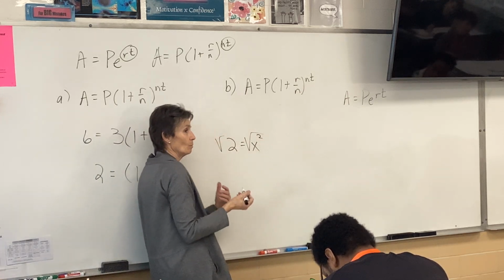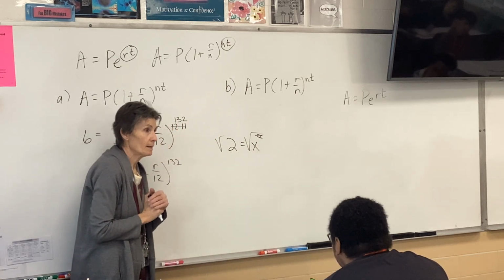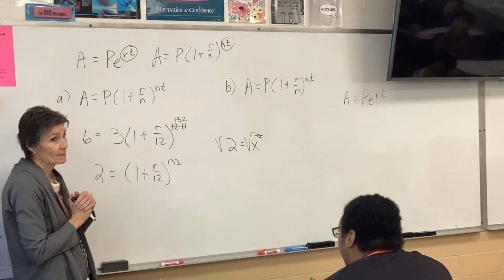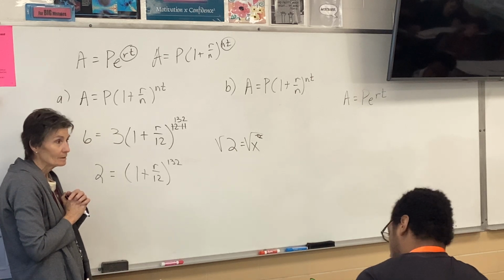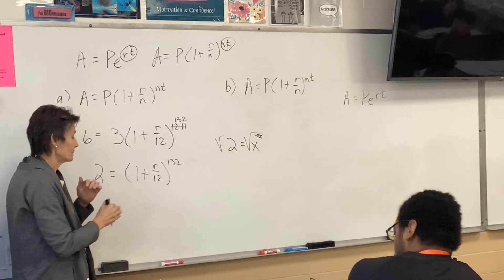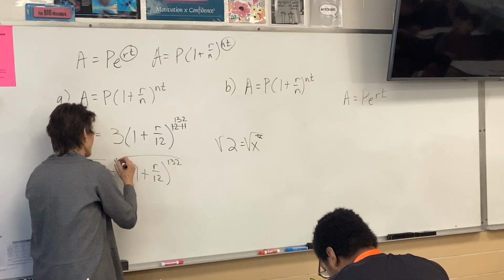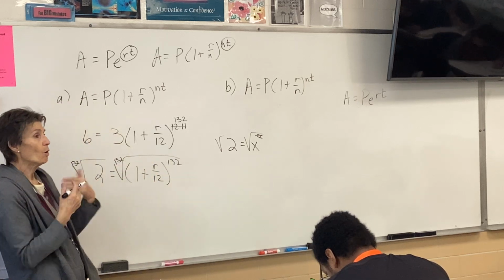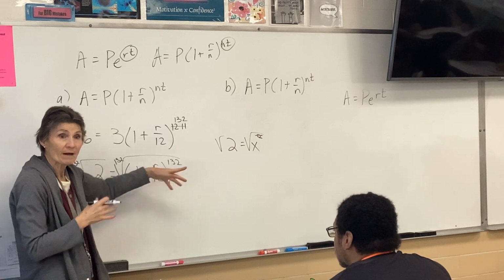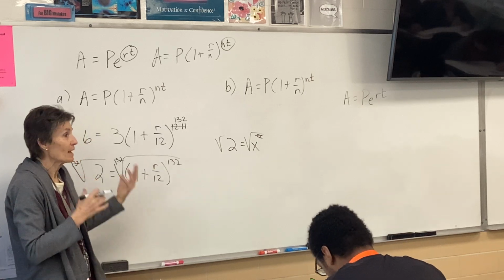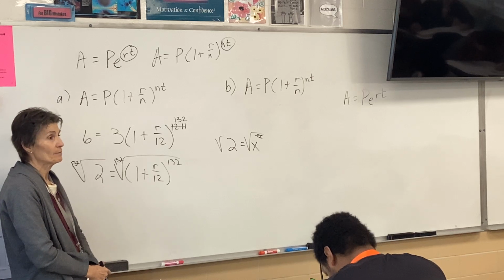Because when I square root, that power goes away. So what am I gonna do over here? I'm not square rooting, I'm going to take the 132nd root of both sides. Because that is the only way to get rid of that exponent, and if I don't get rid of that exponent, I'm not gonna be able to get R out of the parentheses.